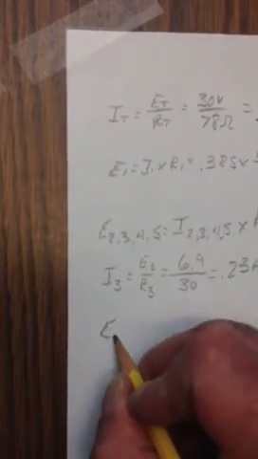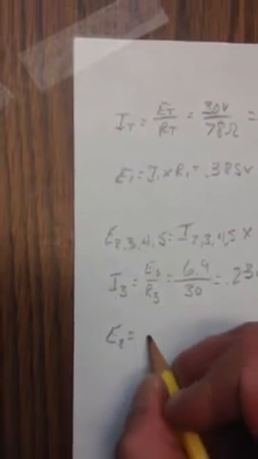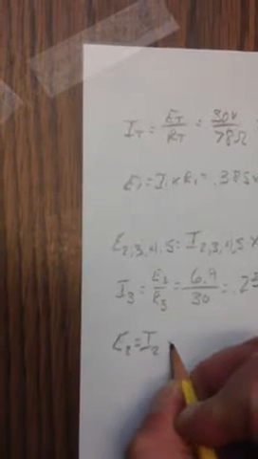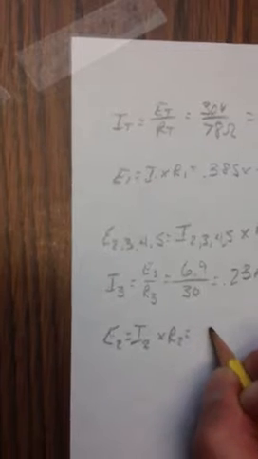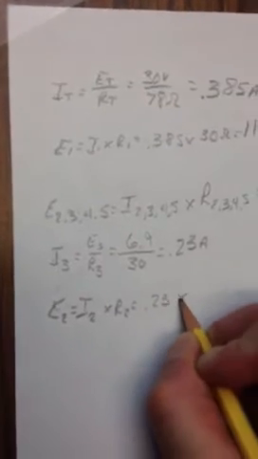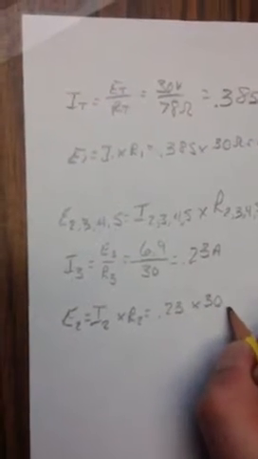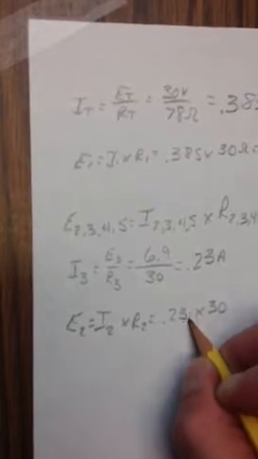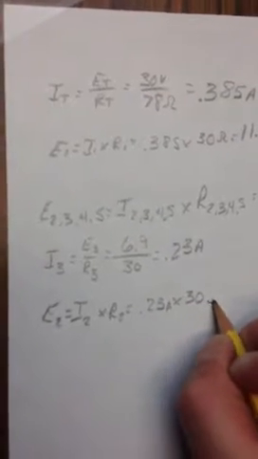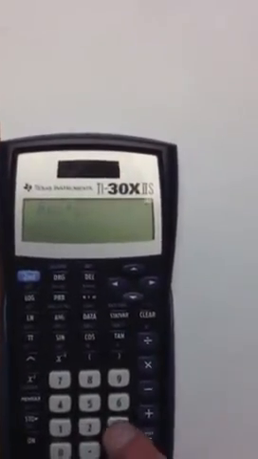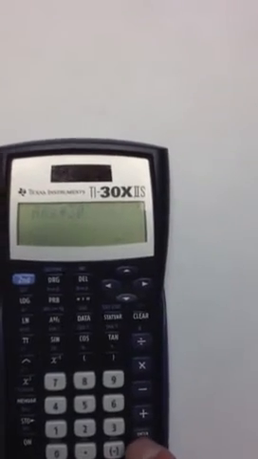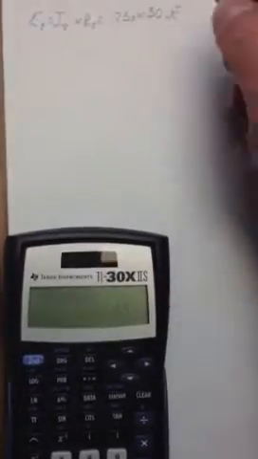So I've got E2 is equal to I2 times R2, 0.23 times 30. I'm going to take that times 30. And that is 6.9.